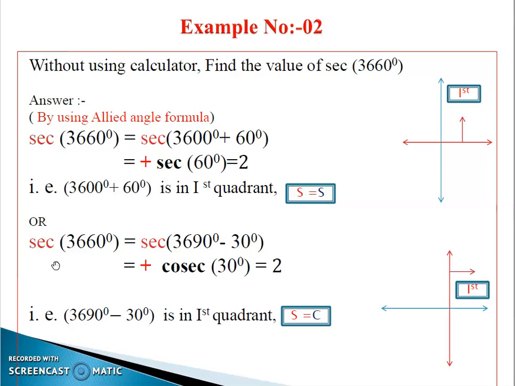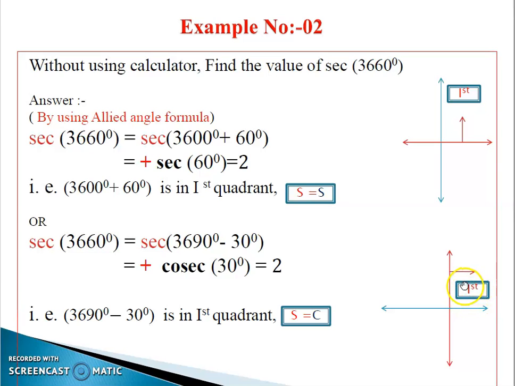Also, try to solve by another method. Sec 3660 we write in the form of y-axis: sec of 3690 minus 30 degree. Here 3690 minus 30 means present in first quadrant.